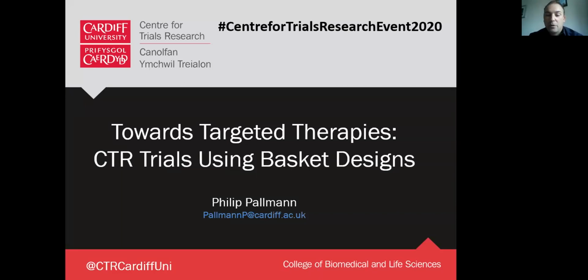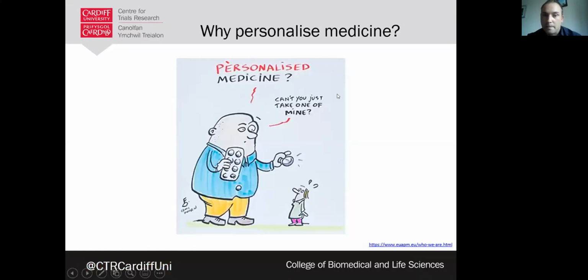Good afternoon, everyone. I'm going to talk about basket trial designs in the context of targeted therapies. So what do I mean by targeted therapies? Targeted therapies are therapies that are tailored to individual patients, which is what we call personalized medicine or precision medicine or stratified medicine.